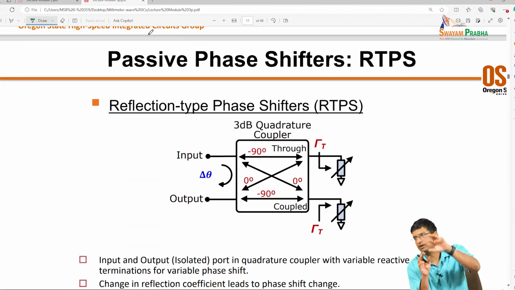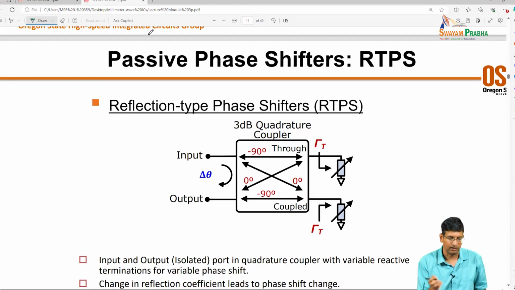So you can put whatever networks that you want in between the two paths, right? That's done. The other broad kind of phase shifter is the reflection type phase shifter. And here, again, you could cascade multiple reflection phase shifters, right?